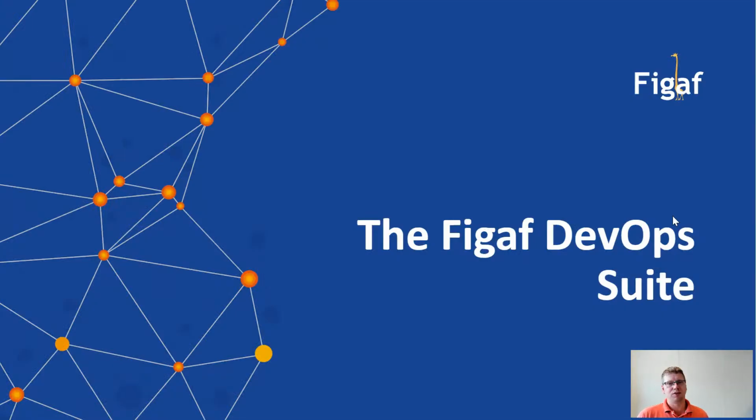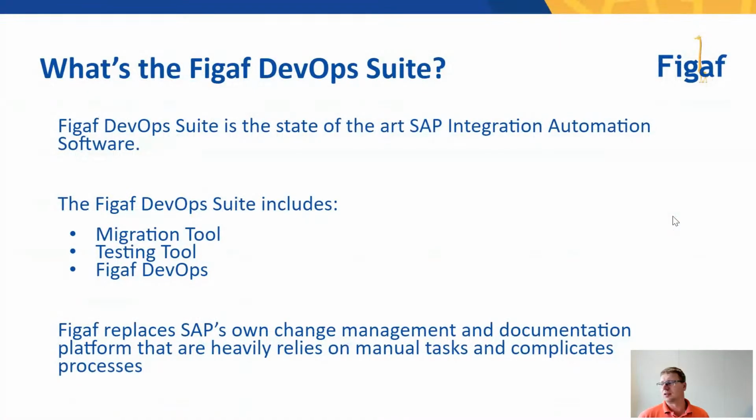First off, what is Figaf DevOps Suite? What are the components of it? So Figaf DevOps Suite contains a number of components, and we've been working on making all of it automated and into one package that makes it easier for you to work on. So the suite contains a migration tool that migrates from PI to CPI, a testing tool that allows you to test PI and CPI, and also the migrated scenarios.